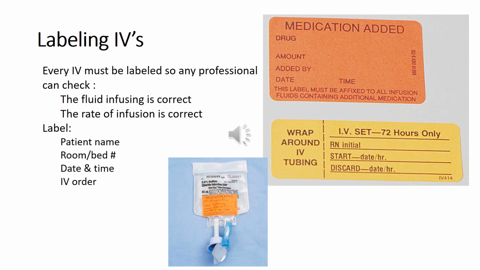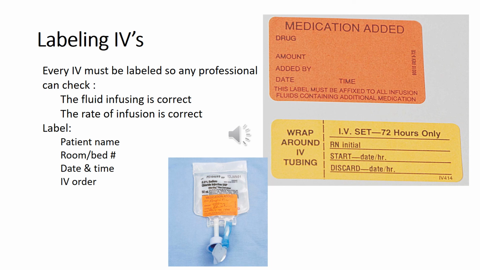So if they've added medication like potassium, it's going to have the drug, the amount added, so if 20 milliequivalents of potassium was added, it will say drug, potassium, then amount, 20 milliequivalents, then added by, where the nurse puts her name, the date and the time it was done.